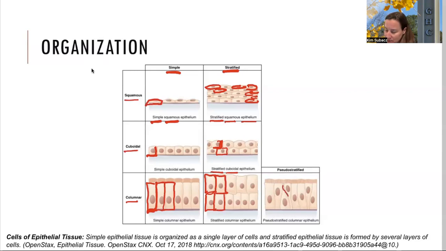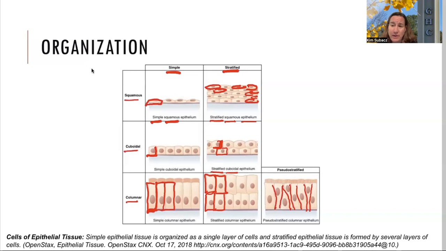Look at these guys. They look like they're kind of layered on top of each other, but they're not. They are fakers, they are posers, and that's why they have the name pseudostratified, because pseudos are fakers. They look like they're stratified, but they're not. In actuality, they're only one layer thick. So pseudostratified, and we'll have pictures of most of these in a little bit.